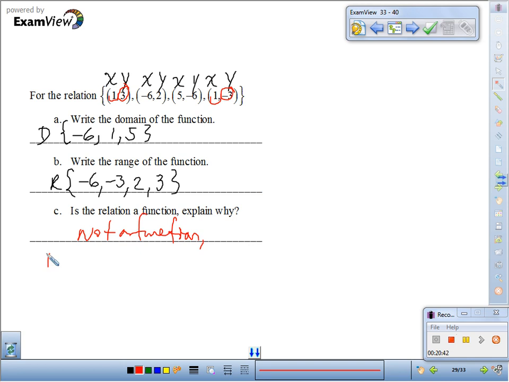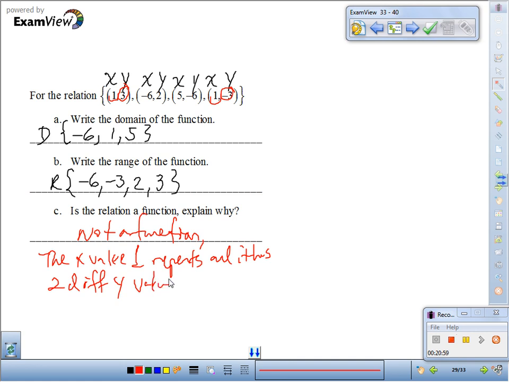Why? The x value 1 repeats, and it has two different y values. Does that make sense?